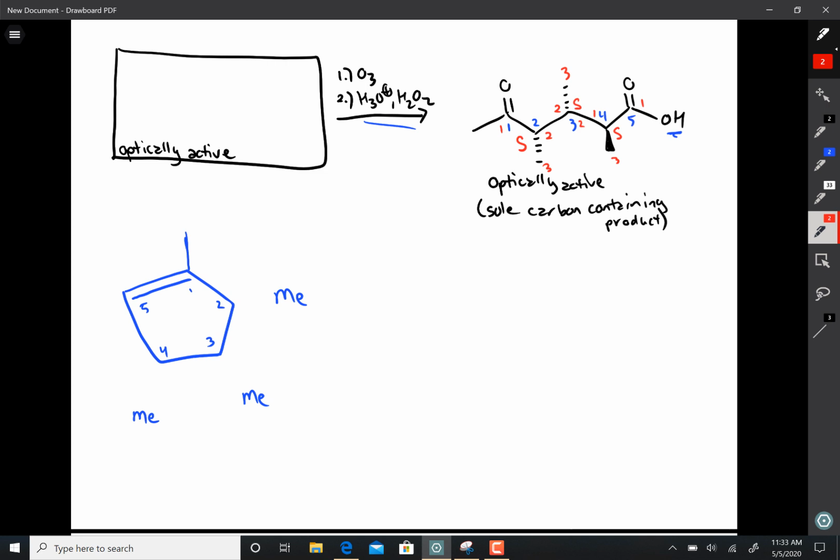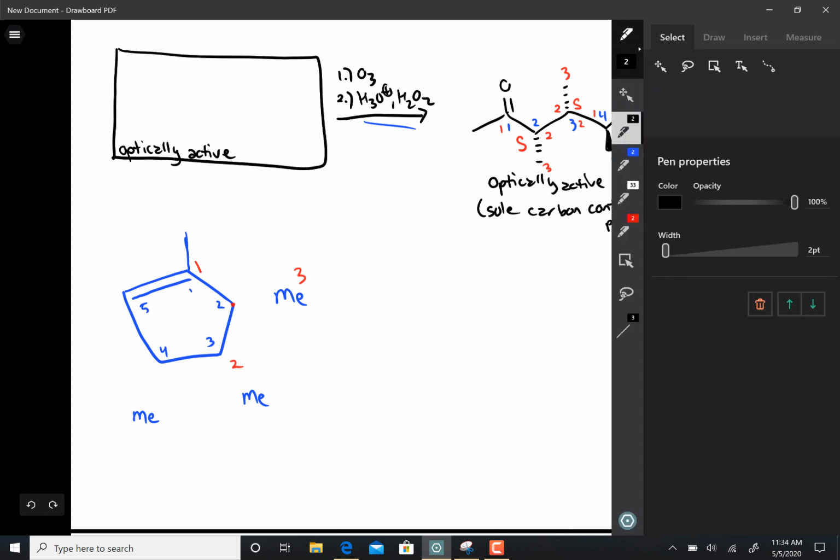For example, when we're doing the chiral center on carbon 2, carbon 1 has the highest priority, the methyl group has the lowest, and carbon 3 has the next highest. I'm matching those numbers up to the original ones. So here, let's see a different color.